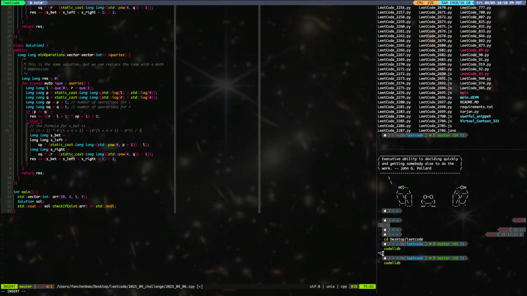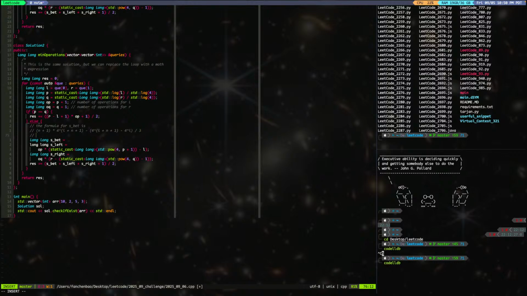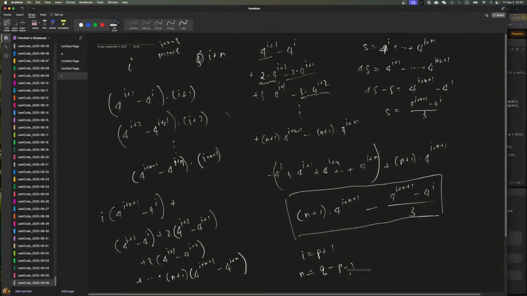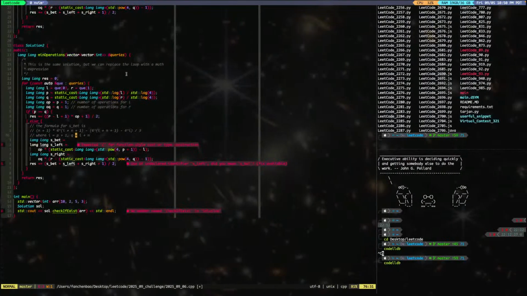So the formula for this, where I is equal to p plus 1, q is equal to I plus n. I is this, and p plus 1. Hold a second. Q minus 1.